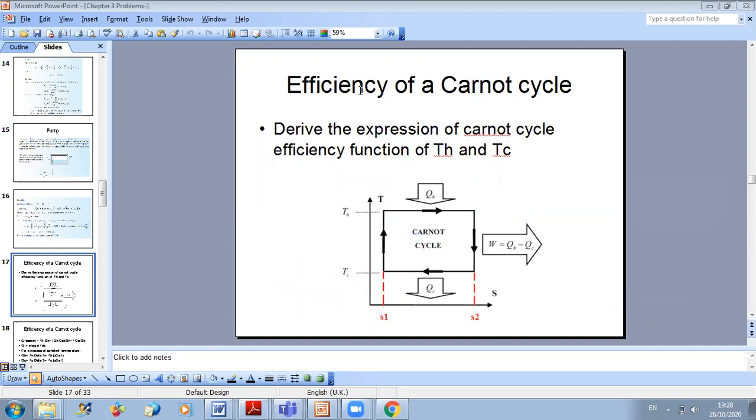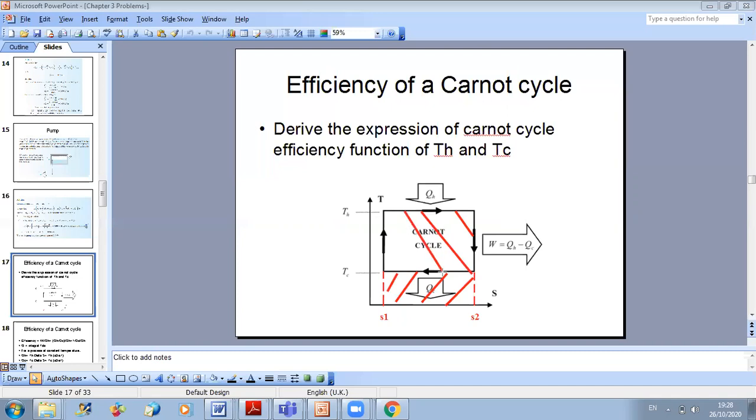And if you want another way to do the analysis, QC represents this area, the area under TC. Okay, and it's a negative Q because it's lost by the system, while QH is the integral of TdS below this line. So this is QH, the whole area.